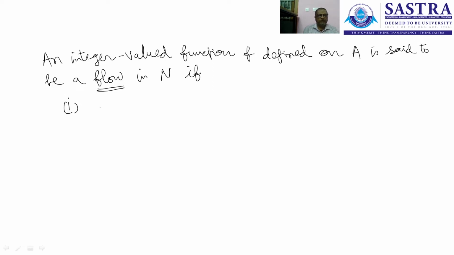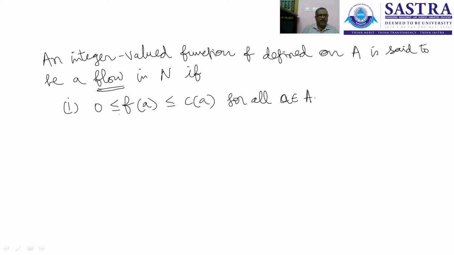First, 0 less than or equal to f of a less than or equal to c of a for all a in capital A. So your flow should be less than or equal to the capacity of the edge.